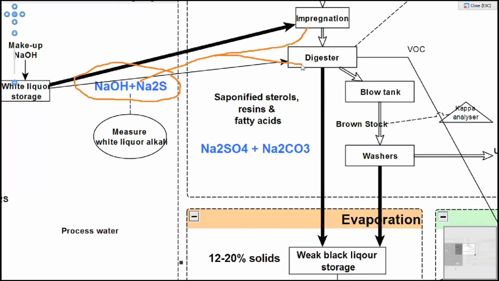As you will see in your technology course, sometimes the impregnation is actually happening at the top of the digester, and in the digester these two chemicals will react with wood components such as the lignin, cellulose and hemicellulose, and in the process they are converted to Na2CO3, and the Na2S is converted to Na2SO4, and some other components in the wood are saponified. And these black liquors are then sent to the evaporation plant, but we will not focus on that right now.